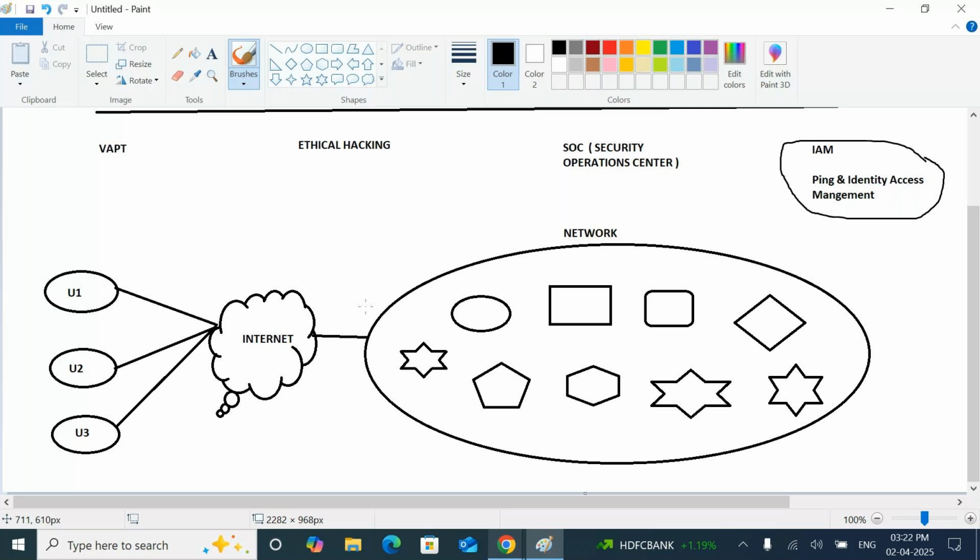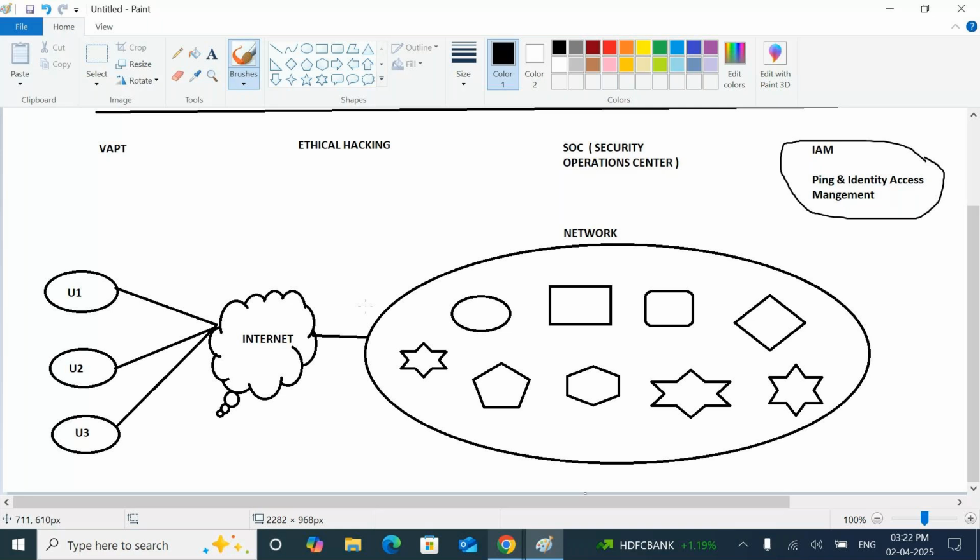Simply, VAPT people are responsible to identify and evaluate the vulnerabilities. A vulnerability is nothing but a gap in the system or a network. So to find such gaps, you can use VAPT. Basically, VAPT is done with vulnerability scanners like Nessus, Qualys, and OpenVAS. These types of tools are helpful for VAPT activities.